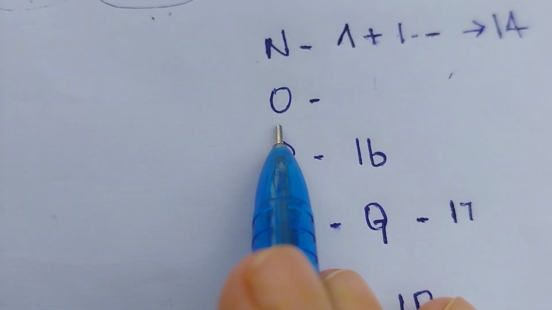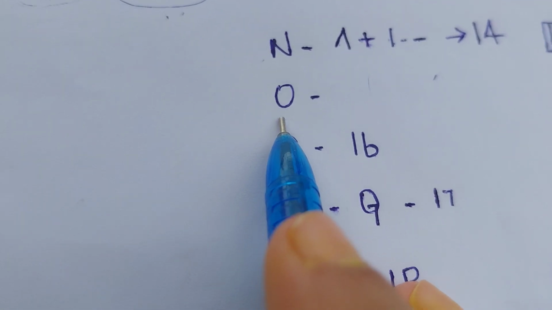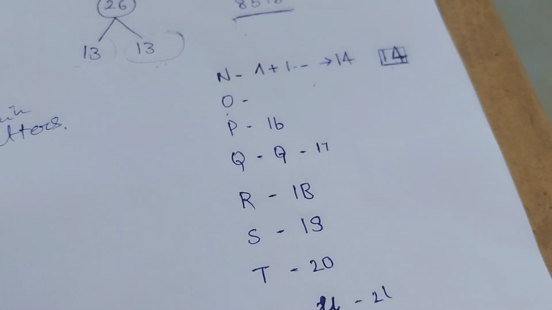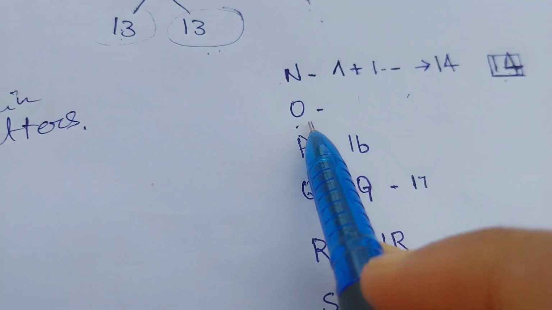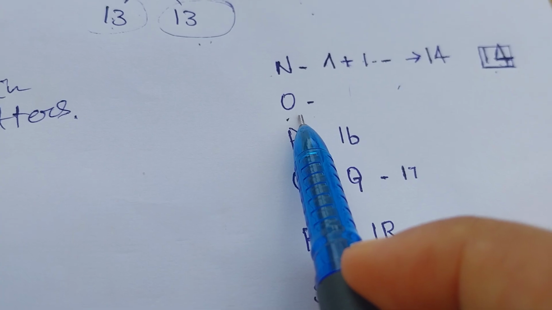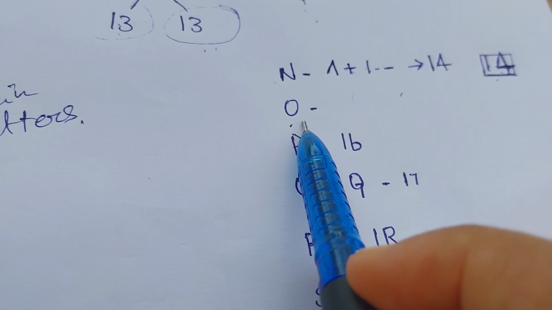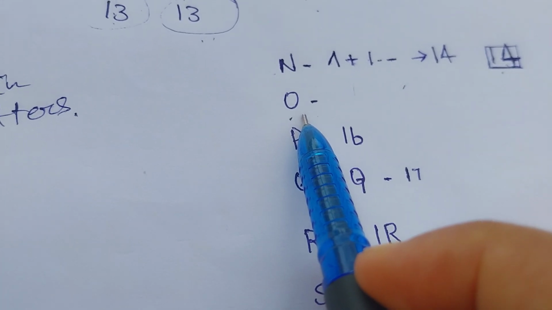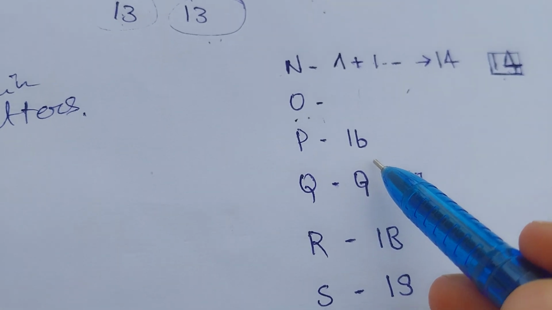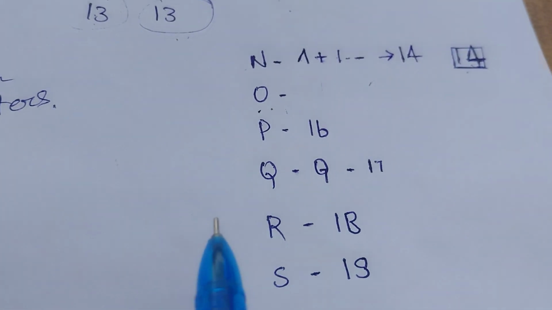Next, O. As we are using mostly the numbers, we can go to the signs as well. Oh, I'm sorry, I will state that clearly now.